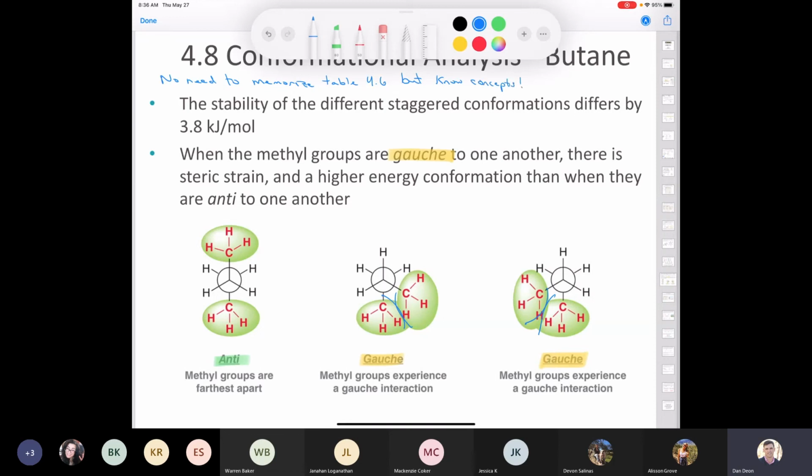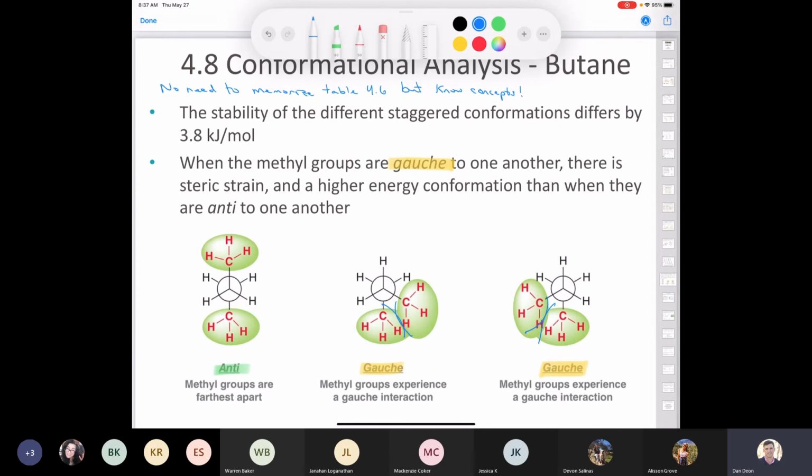What does that mean? What's the difference between memorizing it and knowing the concepts? Memorizing it would be if I asked you to memorize every numerical value on there. That's not what we're interested in. I want you to look at the table and look at the trend. As long as you understand the trend, and if you understood most of what I was talking about this morning, you already understand most, or probably all, of the trend.